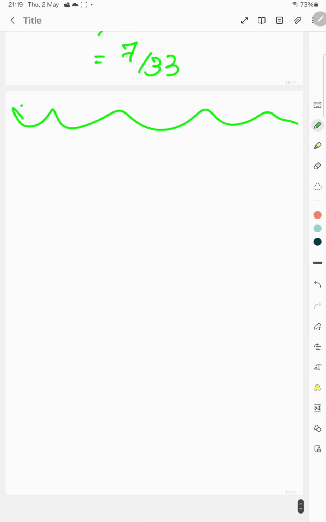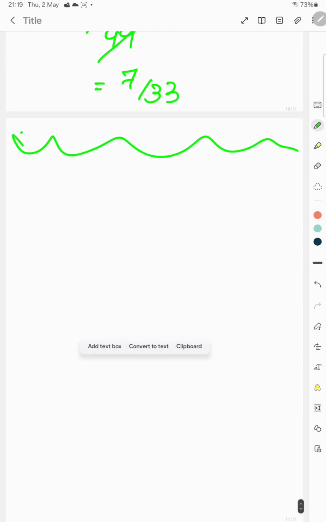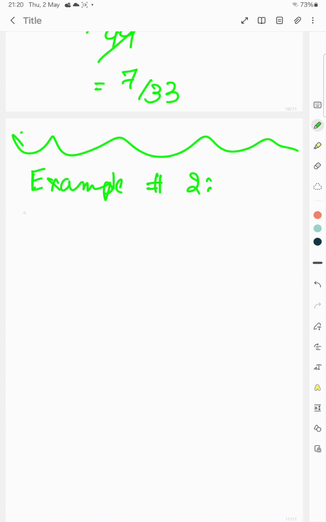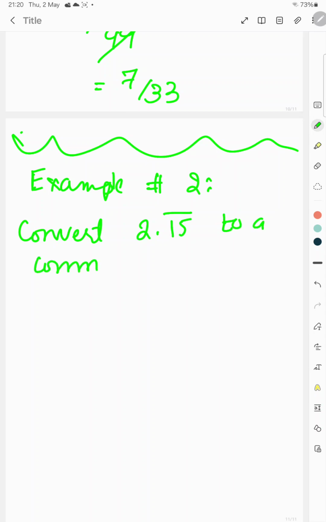Now I will solve example number 2 for you. Example number 2 is: convert 2.15 bar to a common fraction.